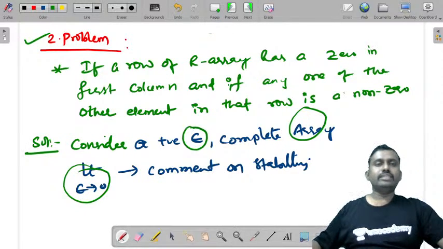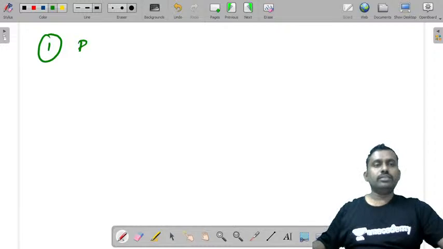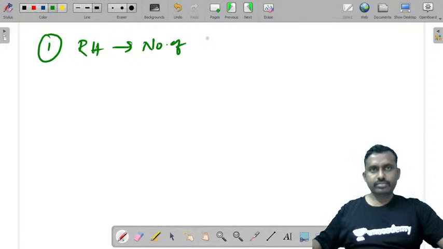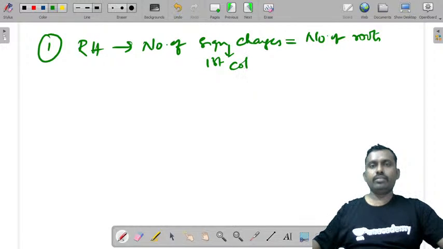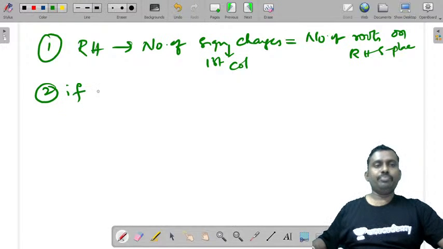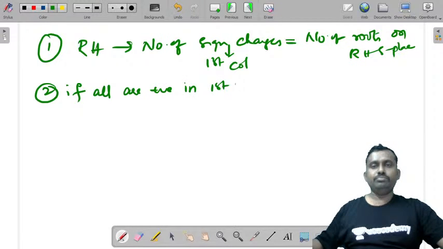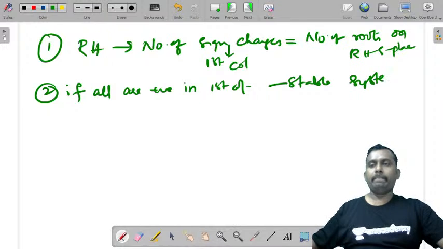And finally, I'd like to conclude that in RH, the number of sign changes in the first column indicates the number of roots on the right half of S plane. If all are positive in the first column, it is a stable system.